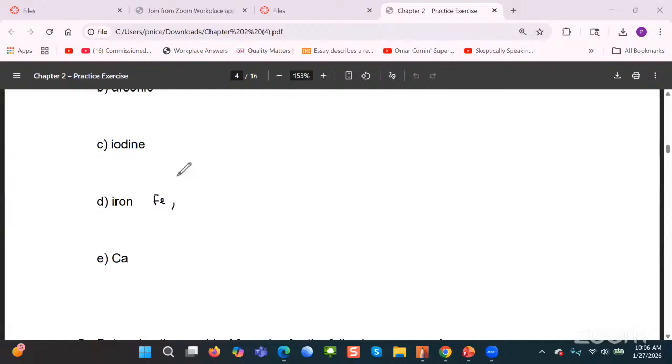Iron is a metal, so no confusion about that. But in terms of the group number, there is either group 8B, according to the older system, or simply group 8. Of course, you'll have access to the periodic table, so you can refer to it when answering questions like these.